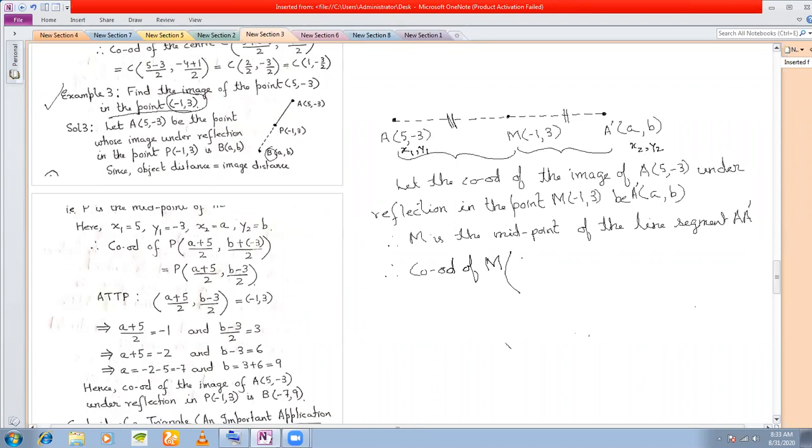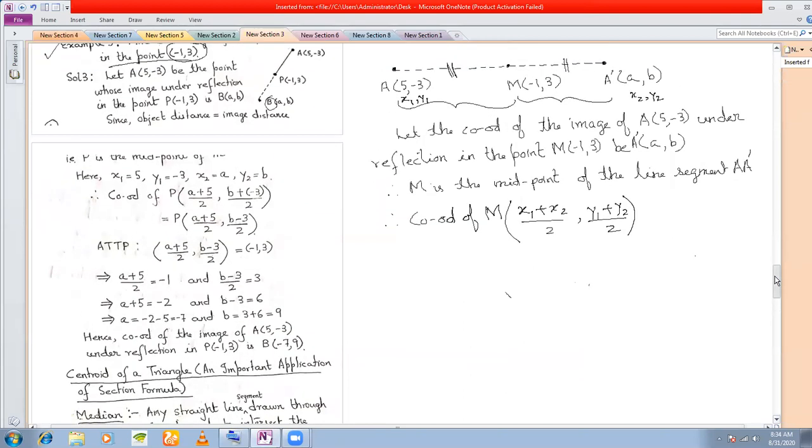So coordinates of M would be x1 plus x2 by 2, y1 plus y2 by 2. And therefore the coordinates of M are 5 plus A by 2, minus 3 plus B by 2.